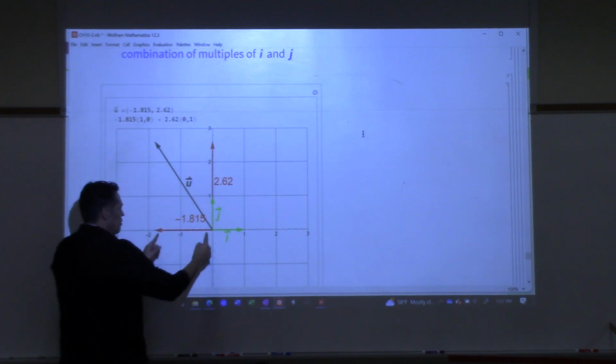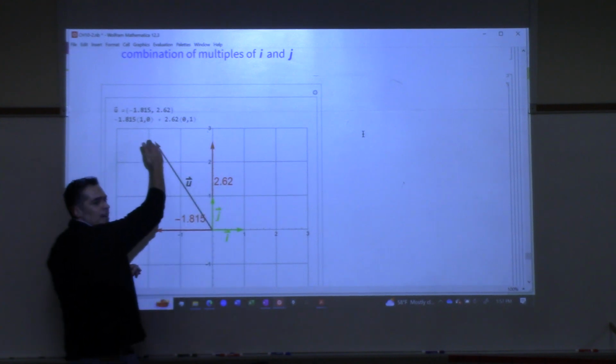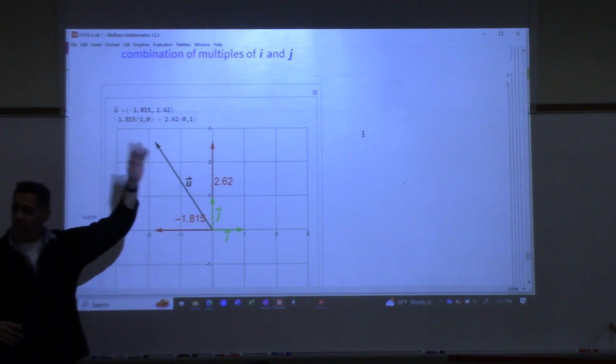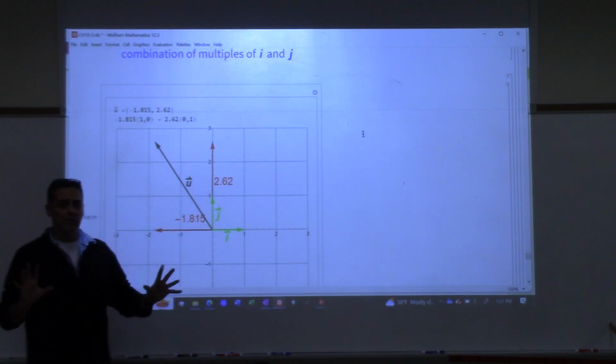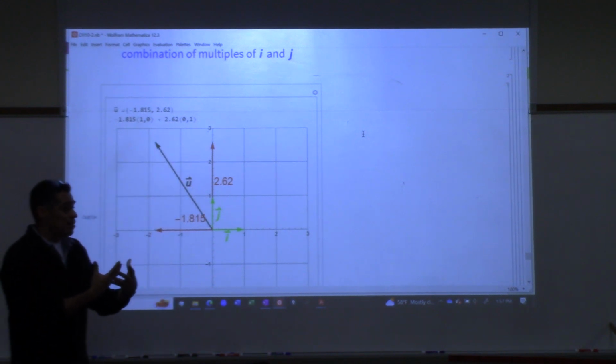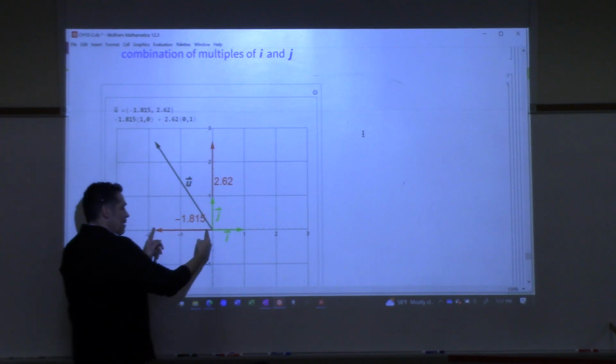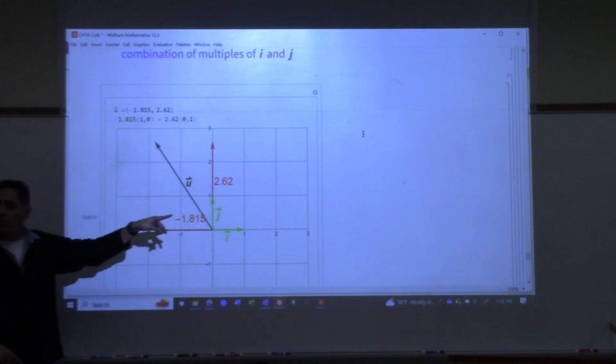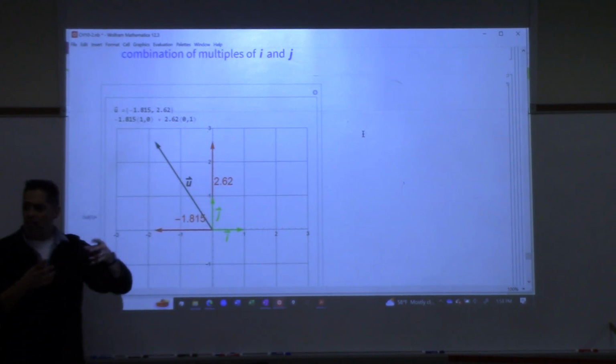Do you see that if I go tip to tail, I get this vector? So in R2, you can get to any vector by scaling this and adding it to this scaled, and you can create any vector from those two.